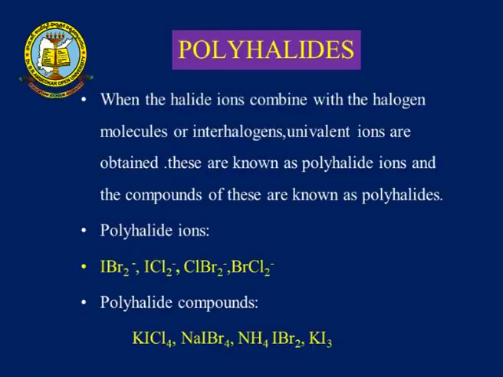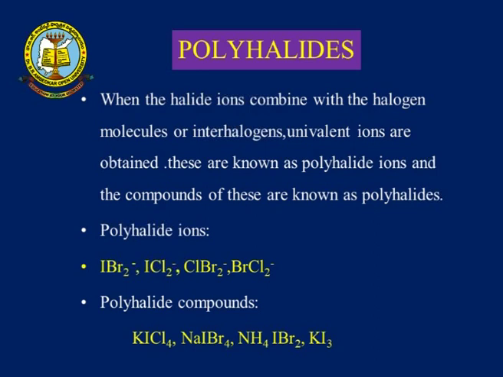After interhalogens, we go to the next one, polyhalides. Poly means many, okay. Polyhalides. When a halide ion combines with halogen molecules or interhalogens, univalent ions are obtained.